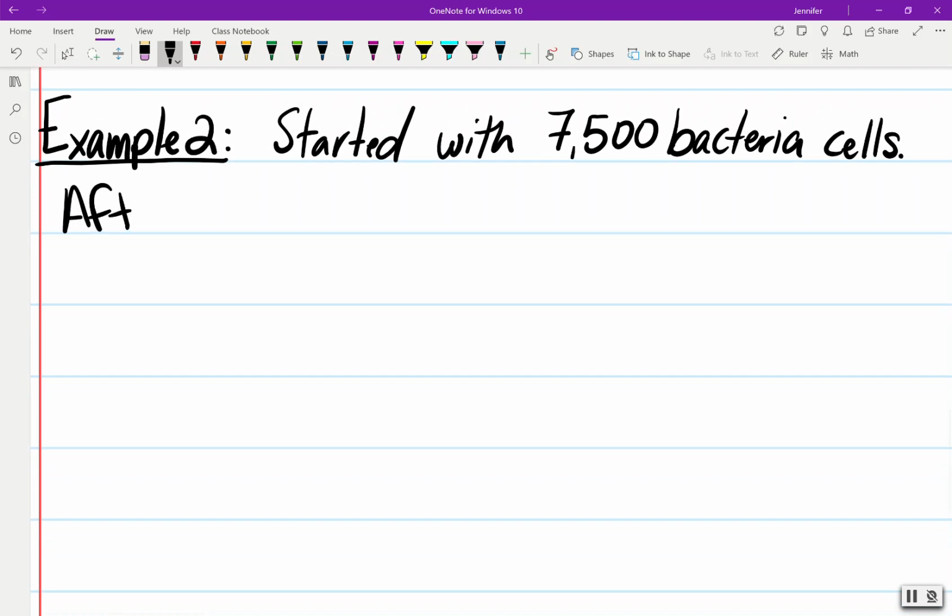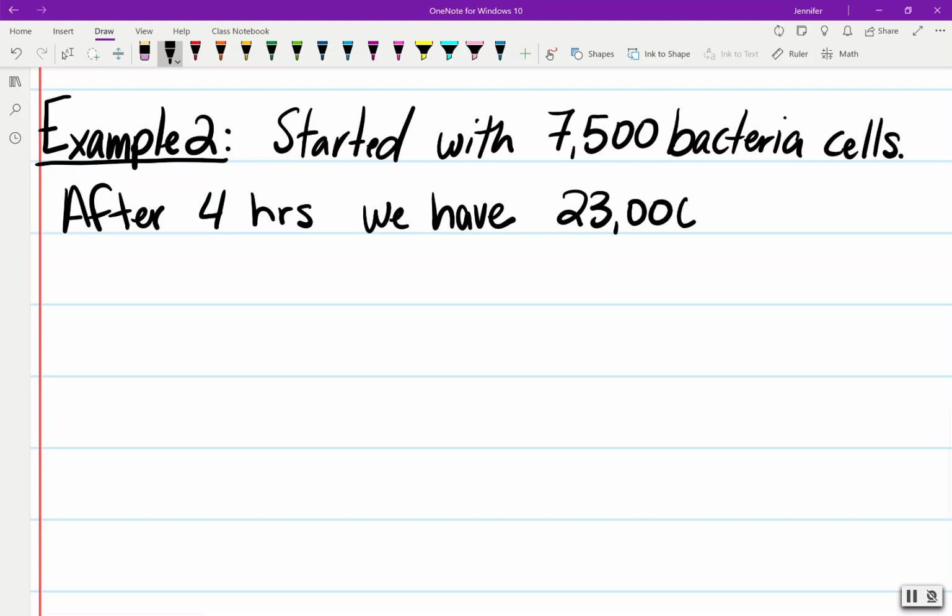After 4 hours, we have 23,000 cells. And we are going to, in part A, write an equation.